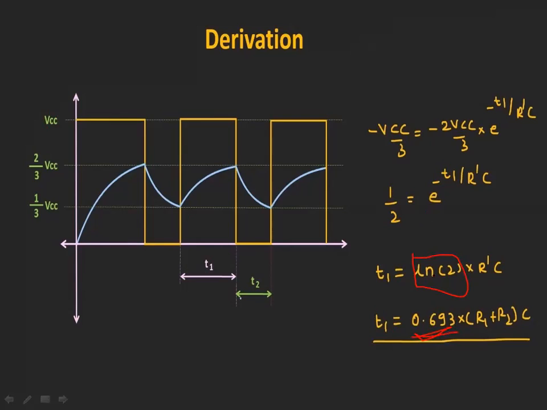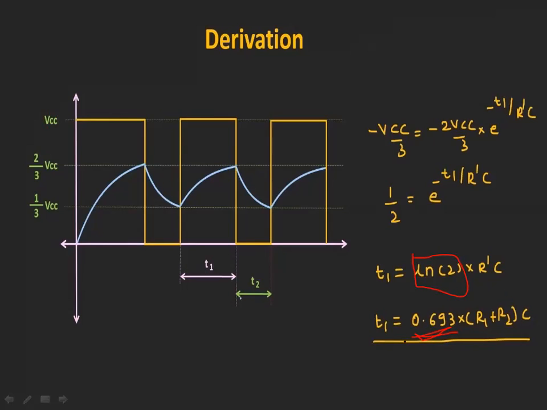That 0.693 has come because of this ln of 2, the natural logarithm of 2 value, so T1 is 0.693 into R dash into C. In the place of R dash, we have estimated that R dash is equal to R1 plus R2. So in this way we are going to acquire the time period T1. That is, we have observed the derivation for the charging time period of the capacitor.